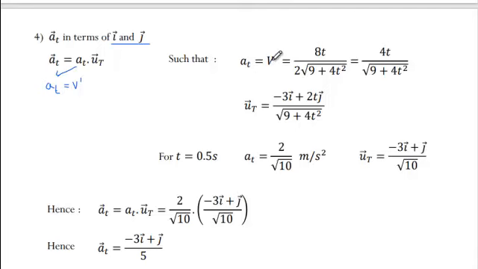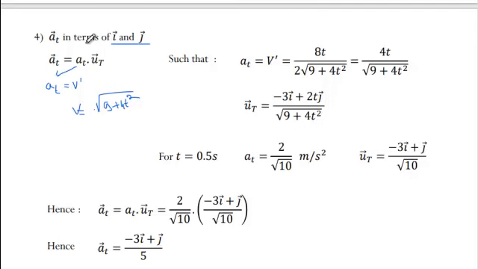So AT equals V prime, and we know that V equals radical of 9 plus 4t square. So we take the derivative. Then AT equals, using the derivative, U prime over 2 radical U, and this will be the value AT.